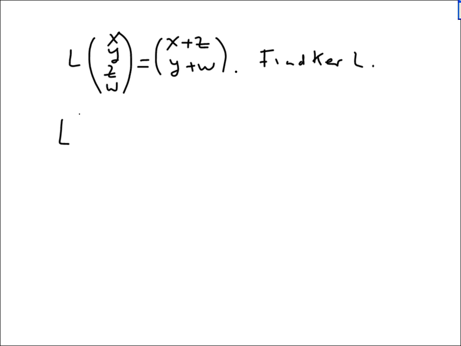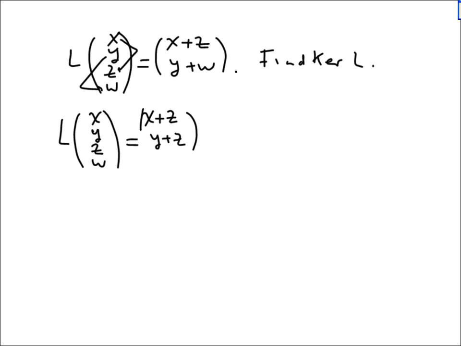So we take L of an arbitrary element in R4, and what you get is the first entry is the sum of the first and third entry, and the second entry is the sum of the second and fourth. But the fourth is w.